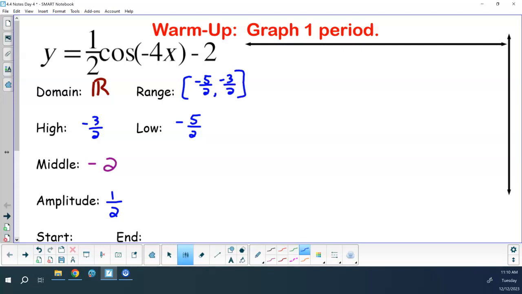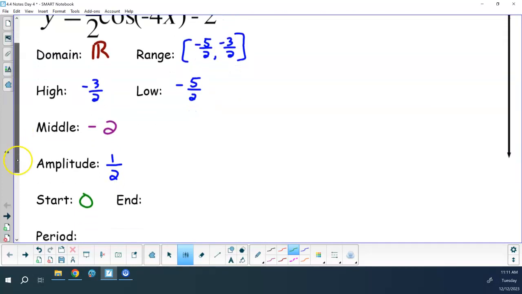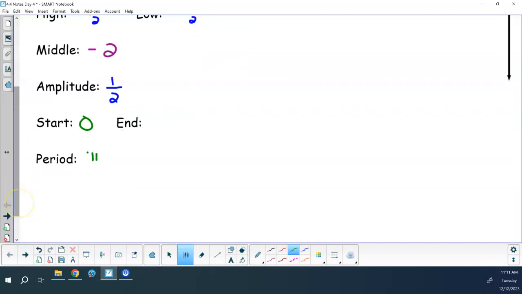Alright? Start is still at 0. What is the period? Pi/2, which means it ends at Pi/2.